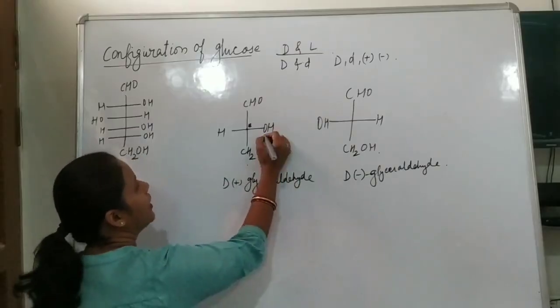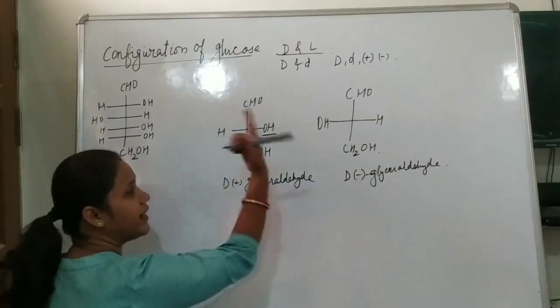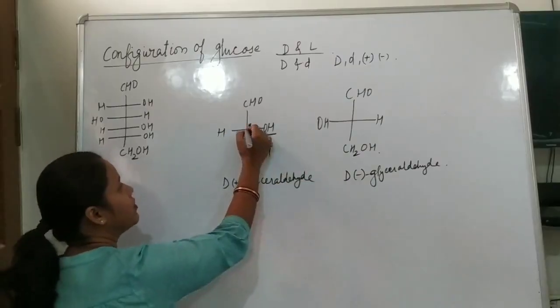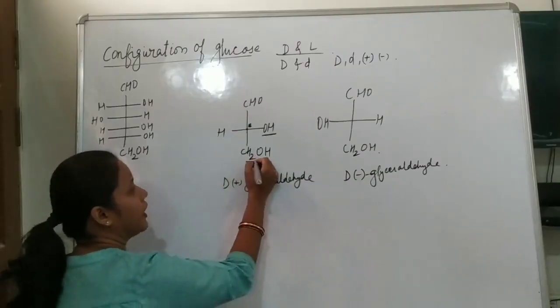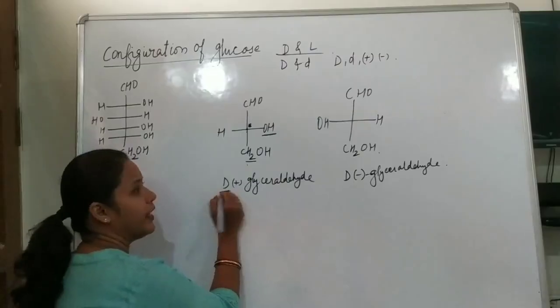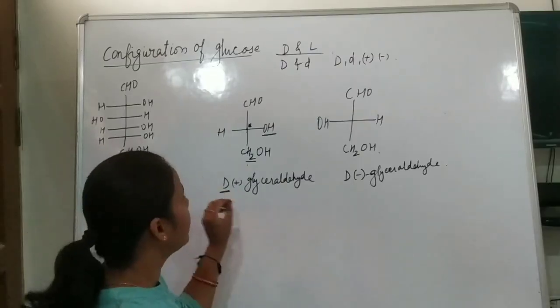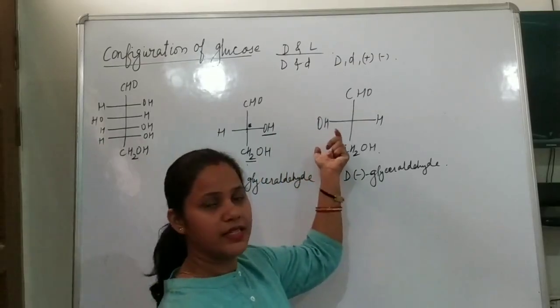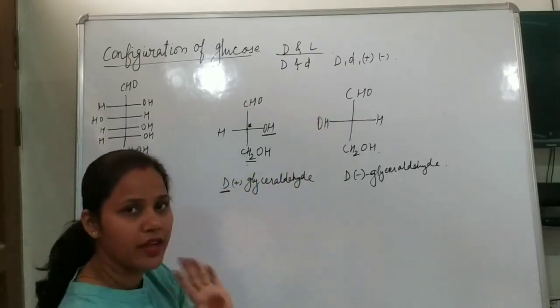If the hydroxyl group is on the right hand side of this lowest asymmetric carbon, then it has a configuration of D. And if the OH is on the left hand side, then it will have a configuration of L.